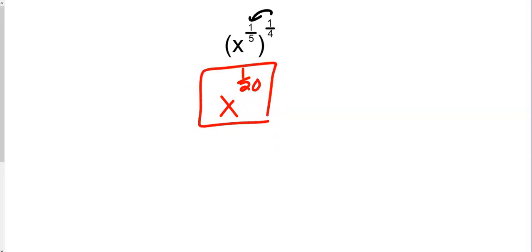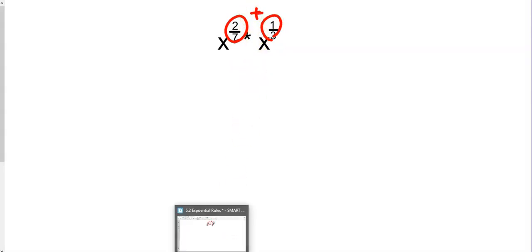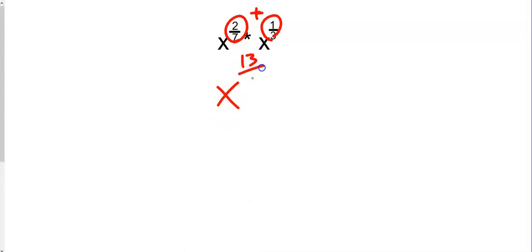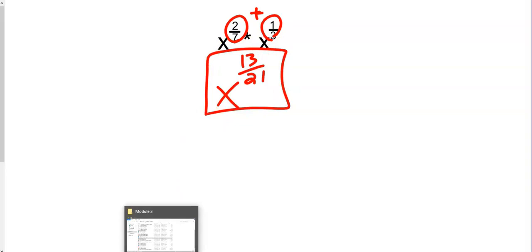And there's your answer. Try it. In this one, all you have to do, add those two. So if I take 2/7 plus 1/3, I get x to the 13/21. All you had to do was add.